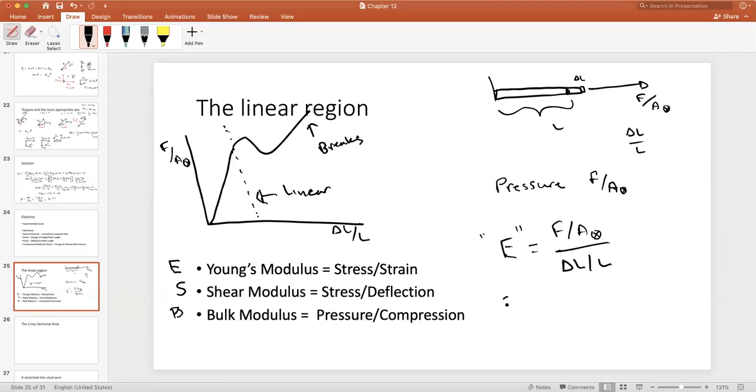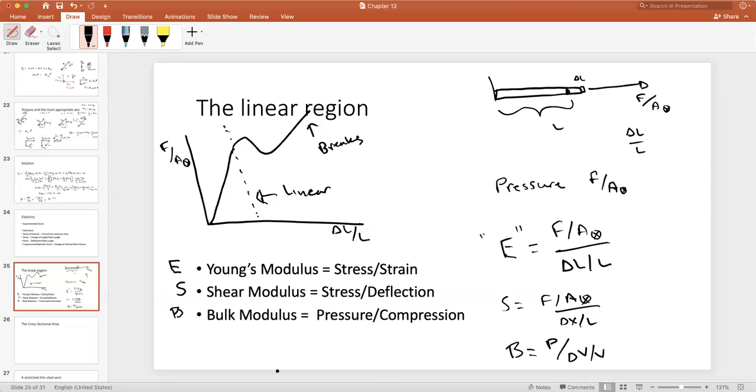So S is F over A over change of X divided by L, and the bulk modulus is the pressure, I'm just going to call it pressure since we're usually in fluid, over the volume change over the volume, okay?